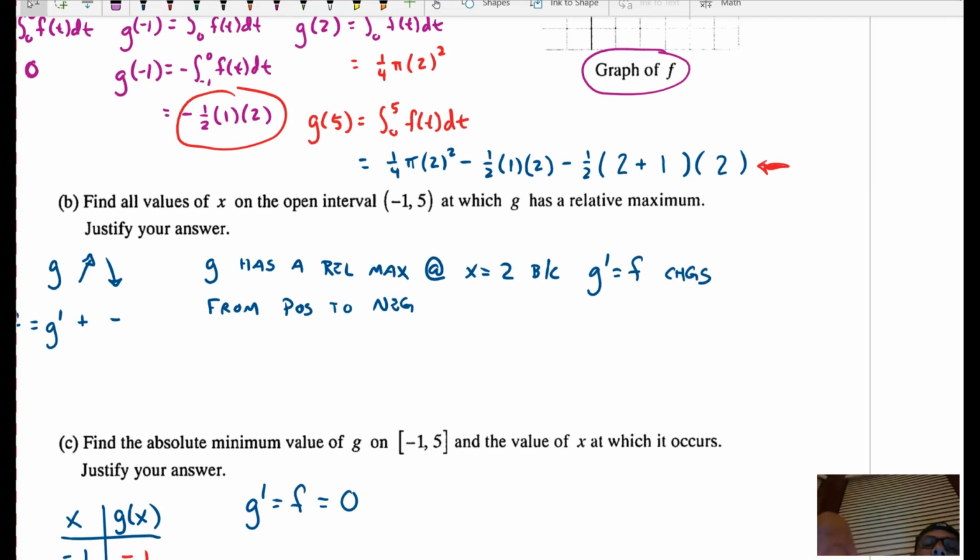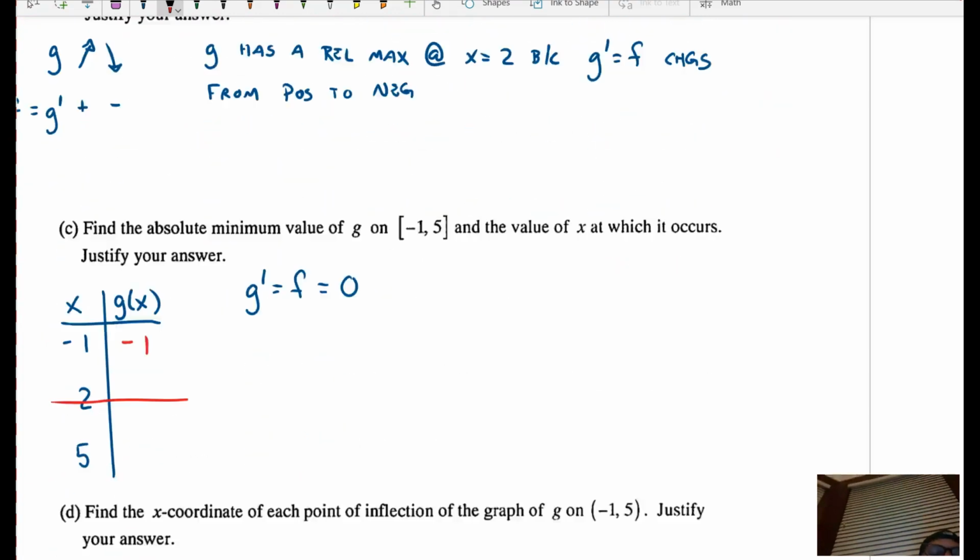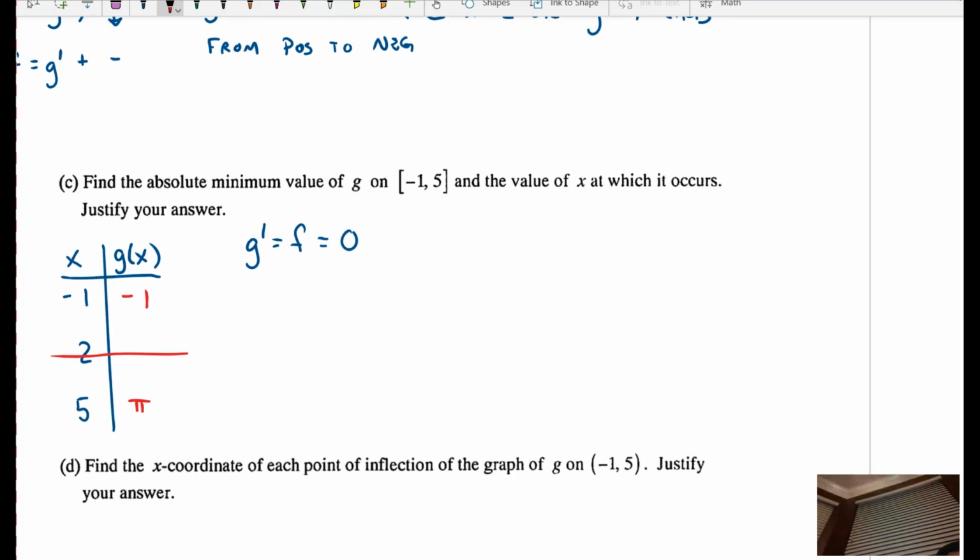This is going to be pi minus, and then a half times 1 times 2 minus 1 minus is a half times 2 times 3, so minus 3. So then pi minus 4. And we're looking for the smallest y value, and that smallest y value then is going to be -1.